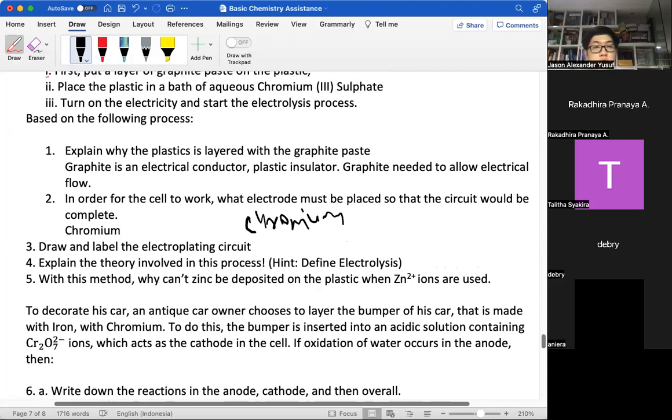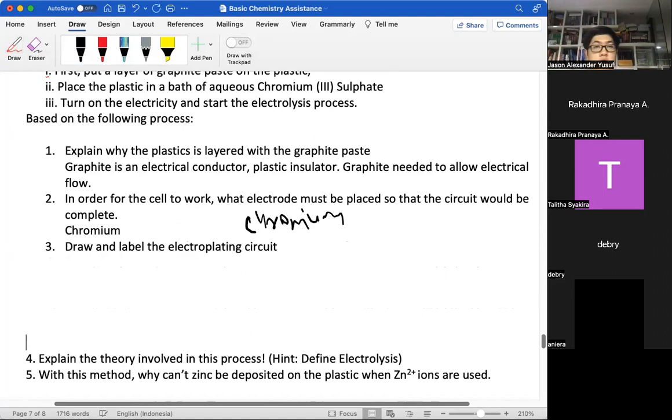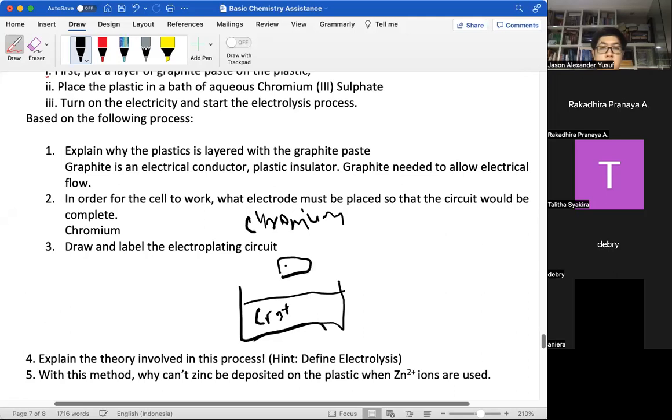And for this one, next, we're going to draw the circuit. Okay. So this is what the circuit will look like. Let's say this is a tub containing Cr3+ ions. You have the power source.